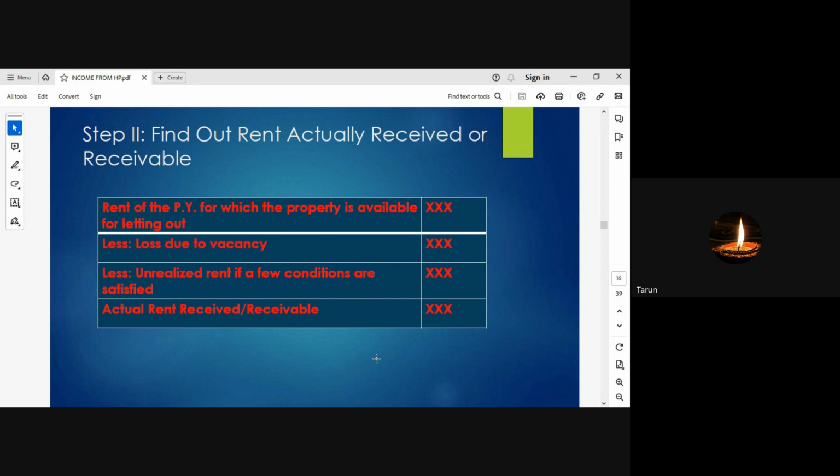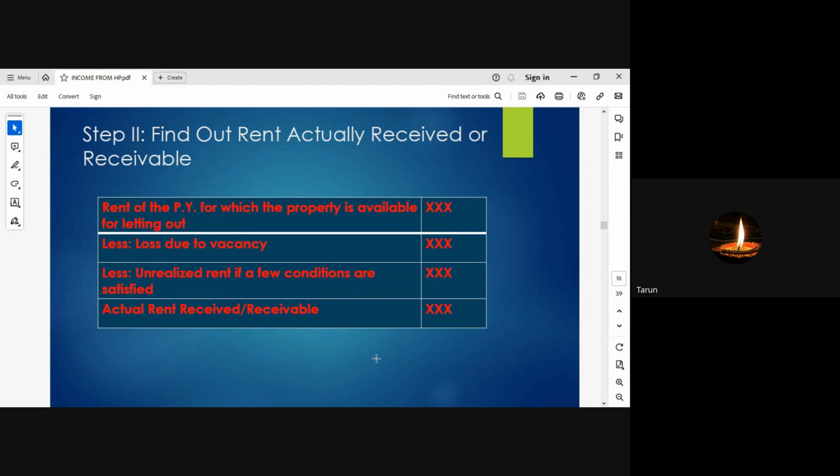Next, you have to deduct any loss due to the vacancy period. Suppose in one year, for 6 months the property has been vacant, and after the 6 months it has been let out. Whatever loss occurred during those 6 months would be deducted from the rent. Then it would also be less unrealized rent if a few conditions are satisfied.